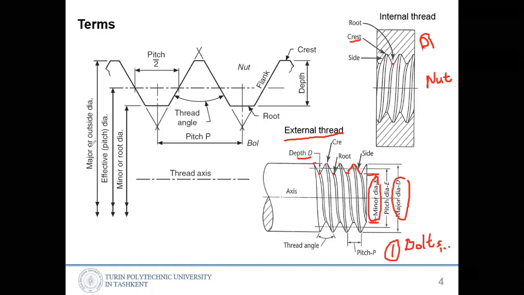In some references you can see outside diameter, which is the same thing as major diameter. And then in the middle, we call it the effective pitch diameter, which applies to external and internal threads.